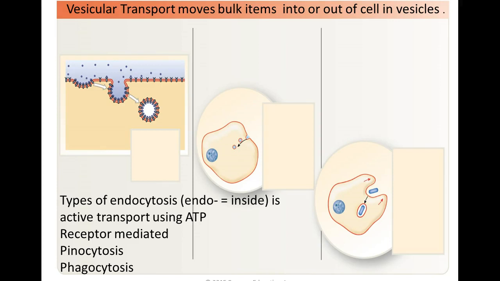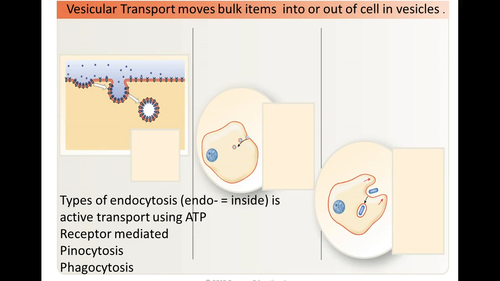Then a couple of other transports. You have endocytosis, where you're taking those ligands that are in the cell membrane, so the plasma membrane, and you can take in particles or compounds that are right outside of the cell membrane. If it's right outside of the cell membrane, it can actually close around it and bring it in, endocytosis.